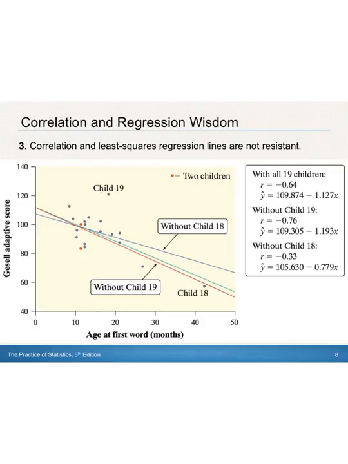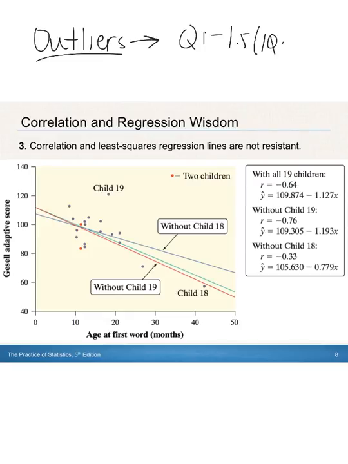Here we're going to talk about outliers, and I want to remind you, because you're going to have to get this memorized and keep it memorized. When we have outliers in single variable data, we have ways of deciding if they actually count as outliers: we look at Q1 minus 1.5 IQR, or Q3 plus 1.5 IQR, and if something is above the upper fence or below the lower fence, it's considered an outlier.